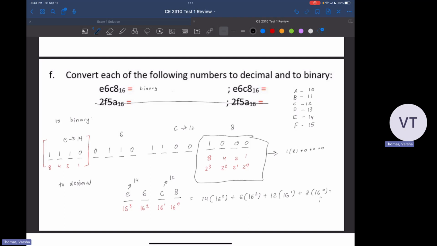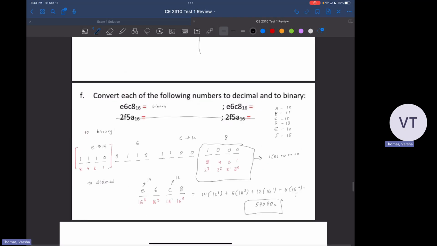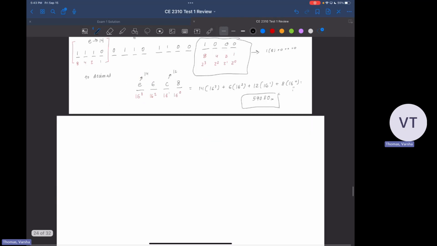You add that all up, and you should get a really, really large number. I'm not going to work that out, but that's the process you go through. Very similar to binary, except now you just have a base of 16. Any questions? You good? Okay.